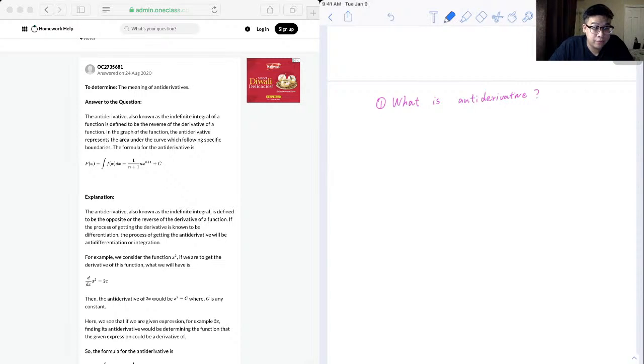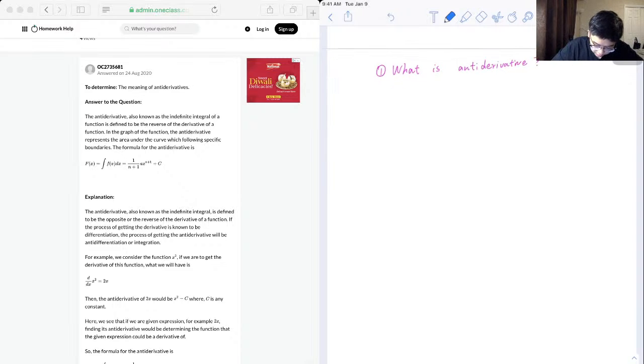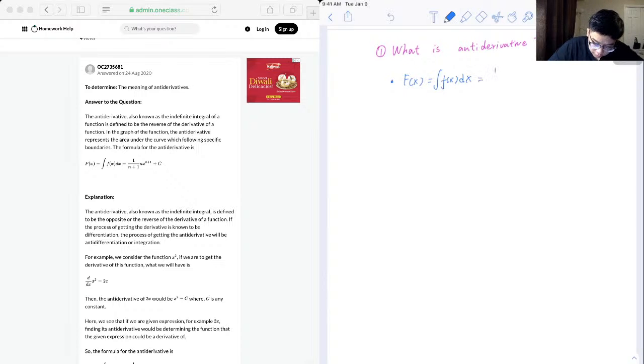And the formula for the antiderivative is already on here: the integral of f(x) dx, plus c, where c is the constant.